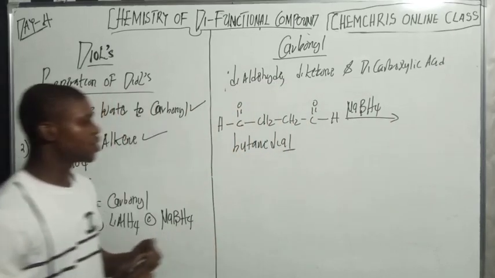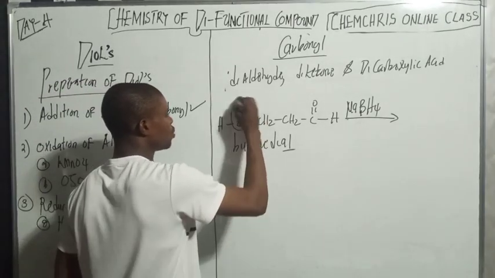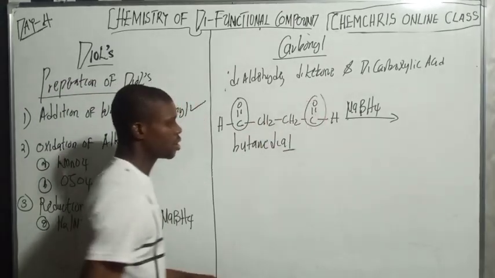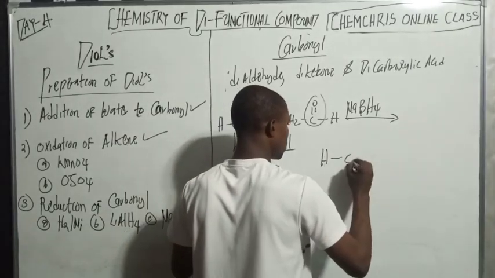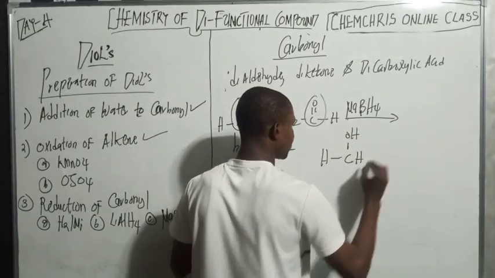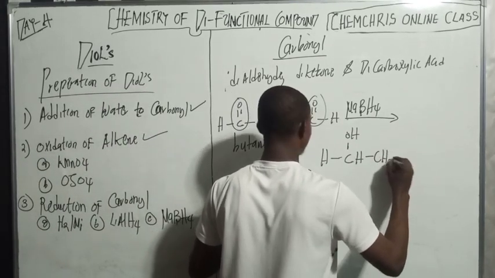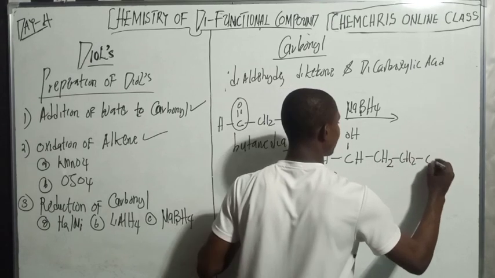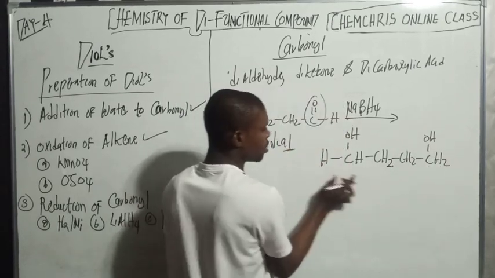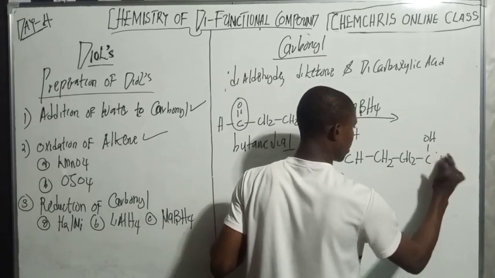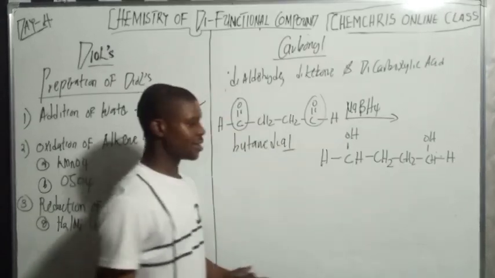It is going to reduce each one to OH. So you are going to have HOCH2, then CH2, CH2, then CH2OH. Remember this one can also be H or OH. It is still the same thing.